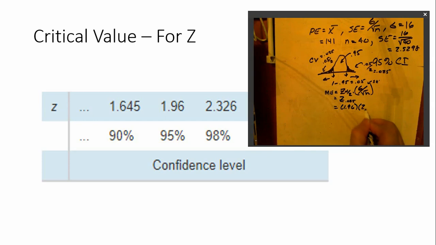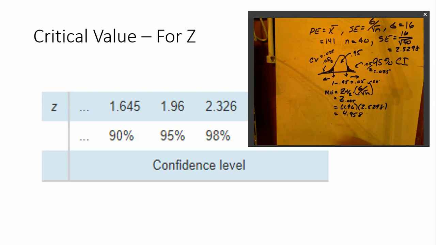And times the 2.5298. And then if I do that on my calculator, that's just 4.958.